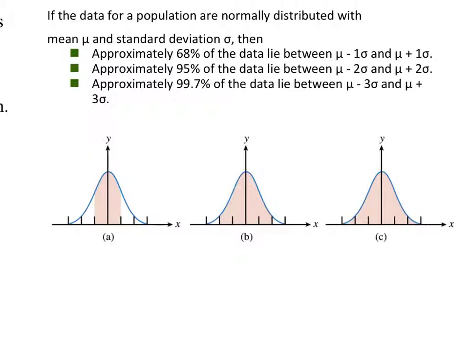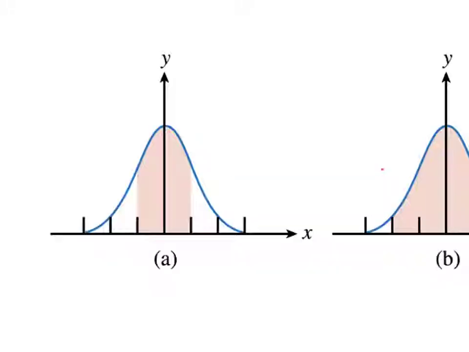So right here, this is the standard normal curve. So here's the mean. This is the mean plus 1. This is the mean minus 1.